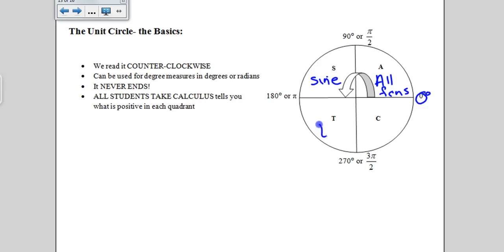T represents the tangent function, and C represents the cosine. When I say sine, tangent, and cosine, their reciprocal functions are also positive. For instance, sine's reciprocal function is cosecant, so both of them are positive. But typically the ACT will only ask you about the three common functions: sine, cosine, and tangent.